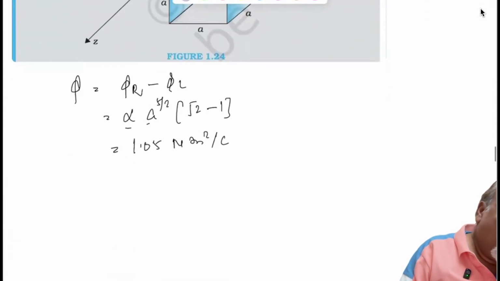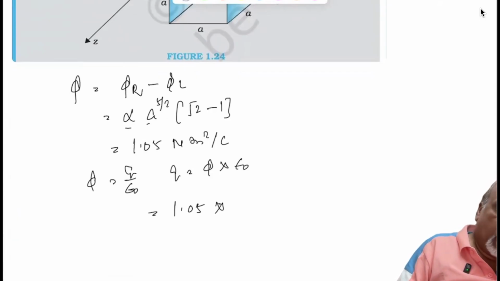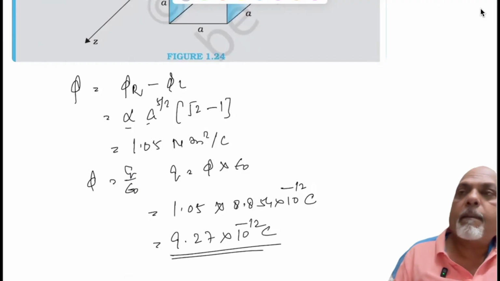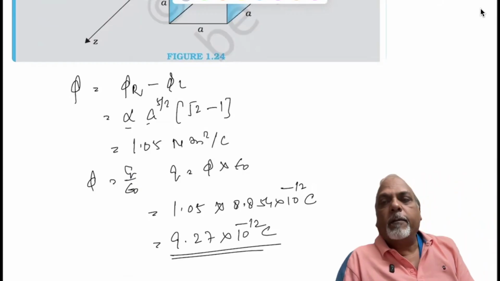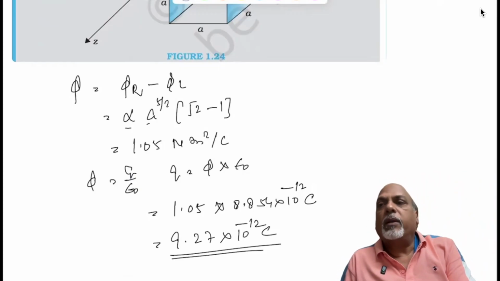Flux is nothing but Q upon epsilon 0, or Q is nothing but phi into epsilon 0, and Q is nothing but 1.05 times epsilon, which is 8.854 into 10 raised to minus 12, Coulomb. That means the charge inside is nothing but this. Correct? So this is how you can solve this question.